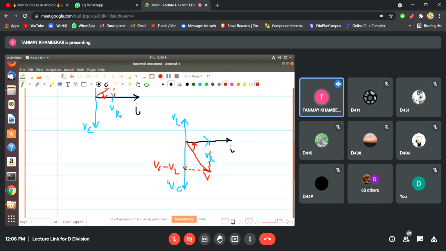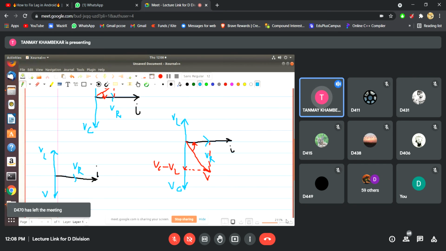Next condition we see is VL equal to VC. In this case, this is current I. This is VR. This is VL. This is VC. Both are same.